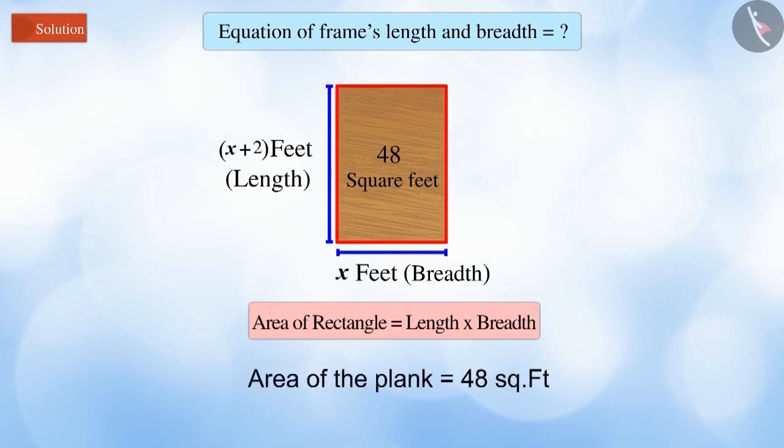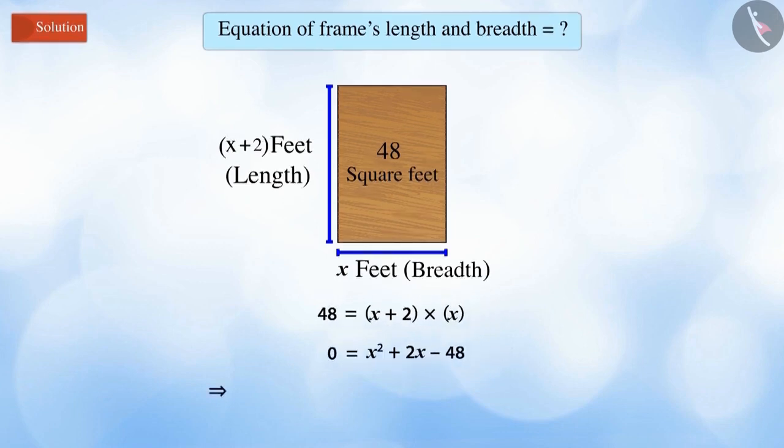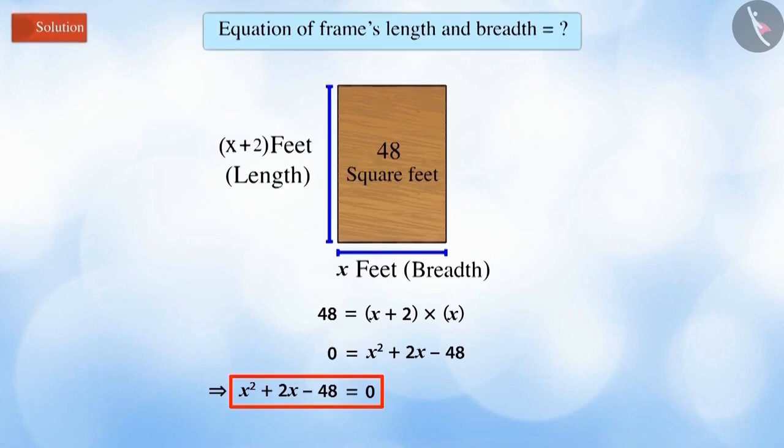It's given that the area of the rectangle is 48 square feet. Substituting all the values given above in the formula of the area, on solving, we get x raised to 2 plus 2x minus 48 is equal to 0. Using this equation, Rita can find out the length and breadth of the frame. Come on, let's look at one more example.